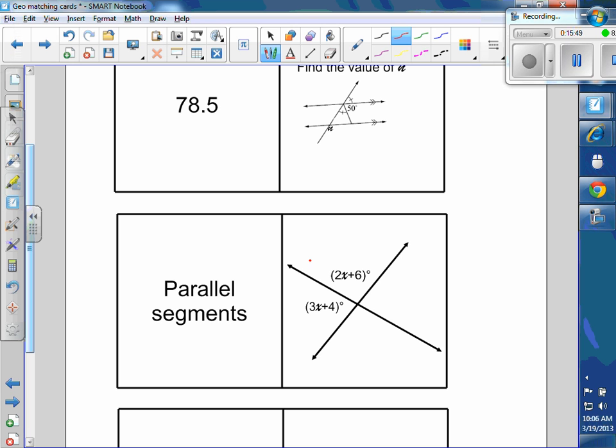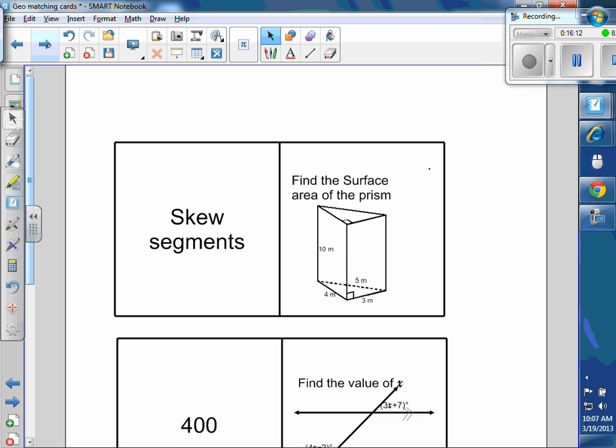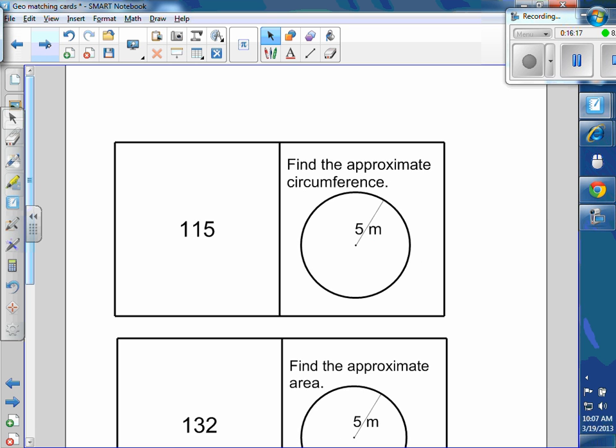So you're going to work out the problem on this side and find the answer on the next card. These are clearly not parallel segments. You work out the problem on the right and you match it to the card that has the answer on the left. Remember doing those? Yeah. And there's all kinds of geometry things in here. Surface area, nets, right angles. So you are just going to have to work in groups of threes.